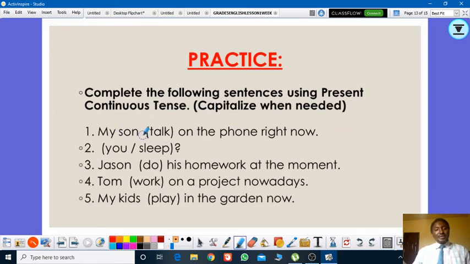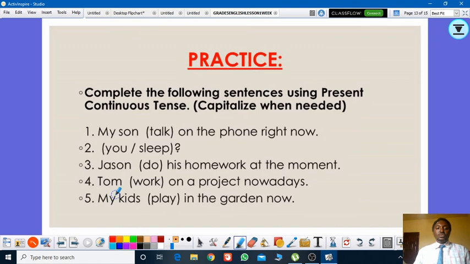My son is talking on the phone right now. Is talking. A progressive action. Are you sleeping? This is a question, so we need to make a question form. Are you sleeping? Number 3, Jason is doing his homework at the moment.